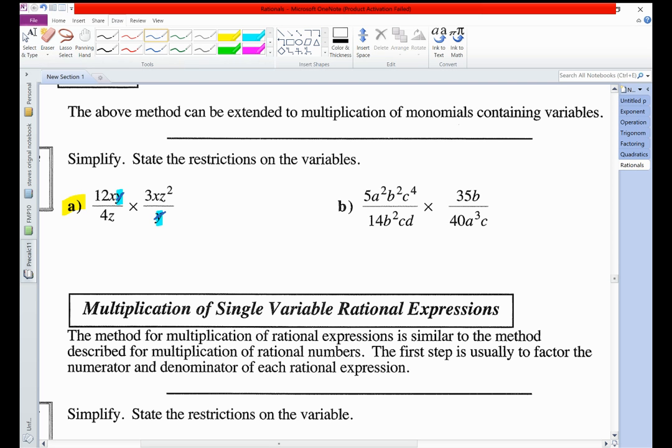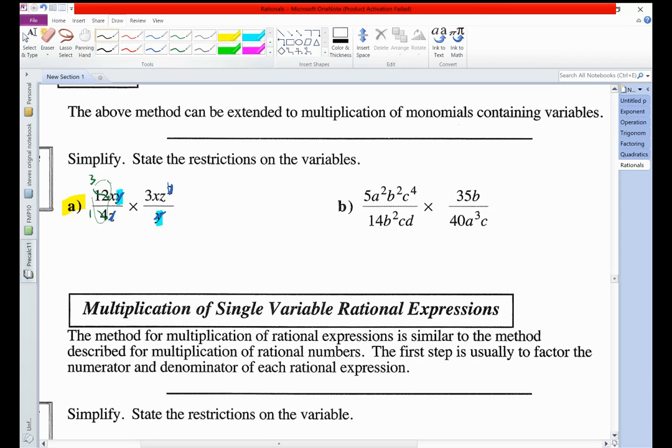Okay, there's a y and a y, we'll cross it off. You can see that we have a z here and two z's, so I'll just cross that off. So we have one z in the top. And then you can even deal with some numbers, right? So here we have 12 divided by 4, and we know that reduces to 3 over 1, or just 3. So that becomes 3, that becomes 1.